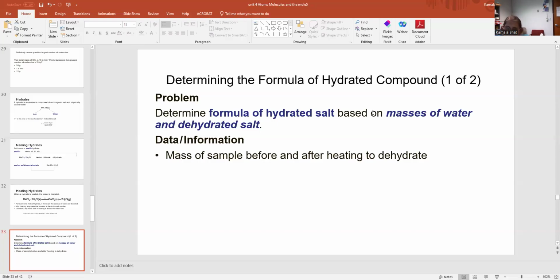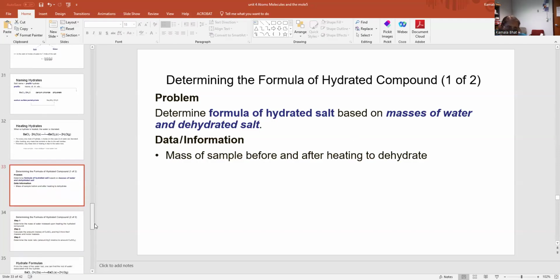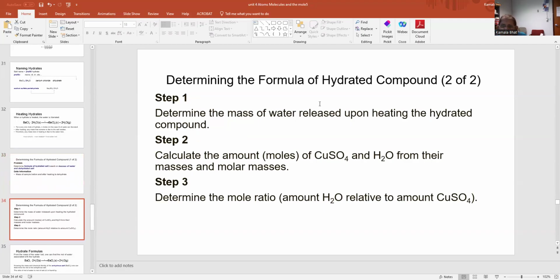Your data must include the mass of the sample before heating and after heating, after which you will calculate the mass of water lost. Once you get the mass of water lost, you can find out the moles of copper sulfate. In this case, this is another formula, copper sulfate and water molecules.